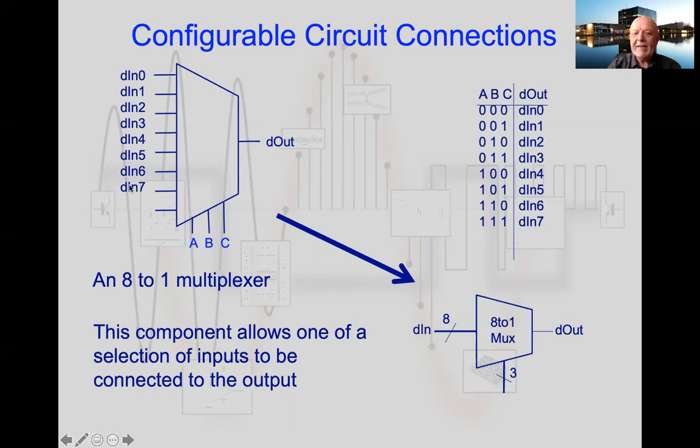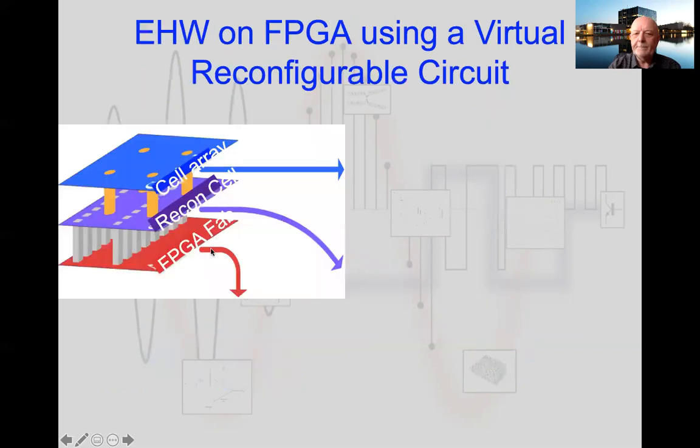This component allows us to select the routing of one of these inputs to the output. If you imagine this is connected to combinational logic, then we're actually changing the configuration of our hardware. The previous picture showed us how we can change the functionality of the hardware. With those together, what evolution would do is this ABC would be part of the chromosome, which evolution could change to reconfigure the circuit.